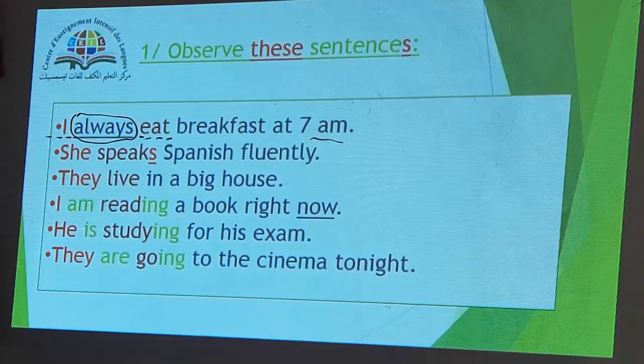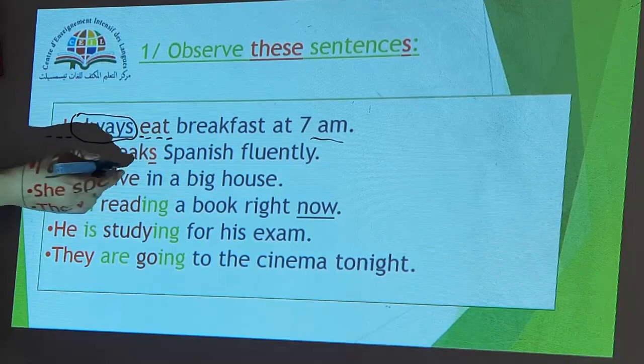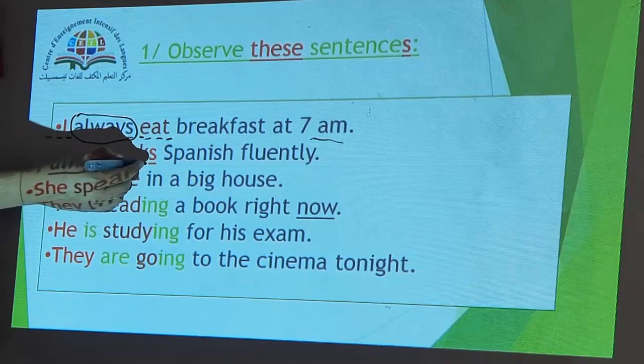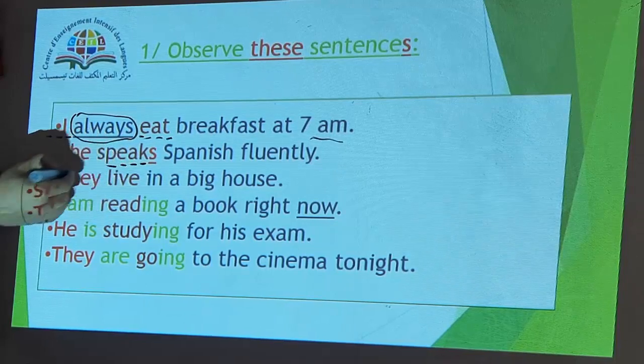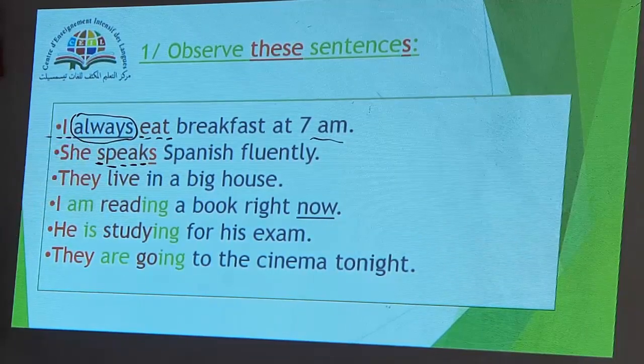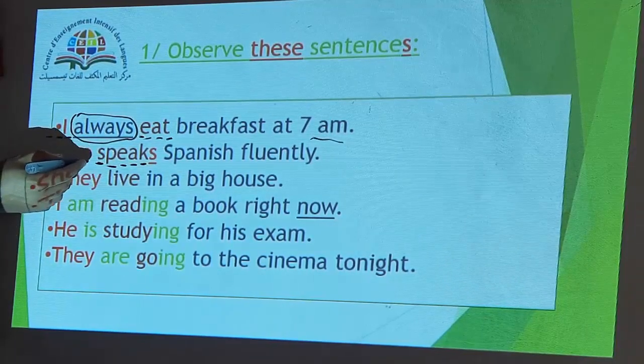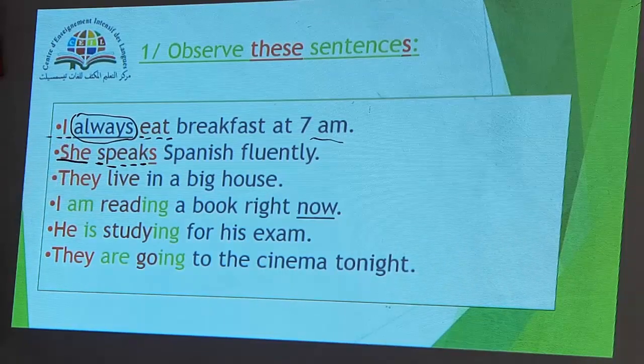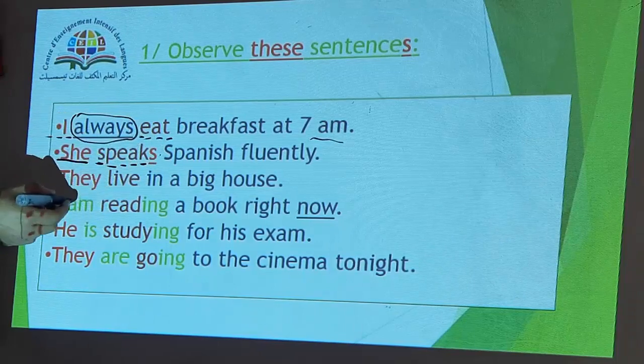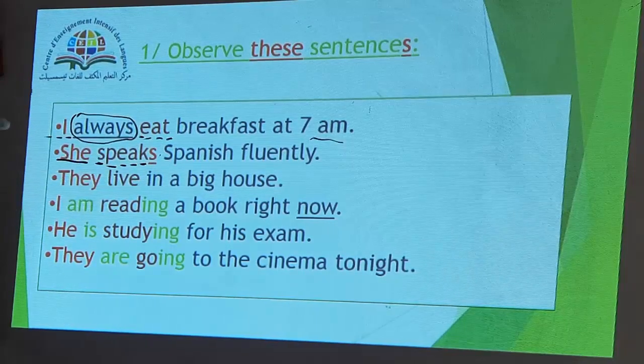The second sentence: she speaks Spanish fluently. You might recognize this is our verb to speak, and our subject is she. Okay? So, she speaks. We have added an S because of the subject personal pronoun she.